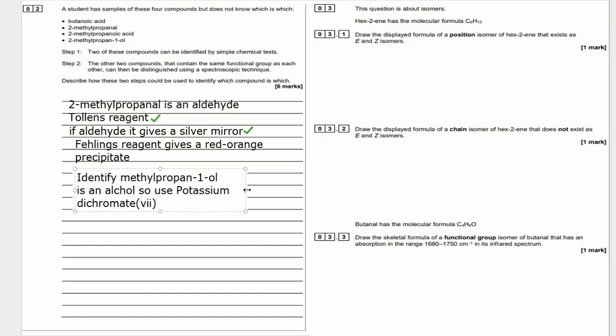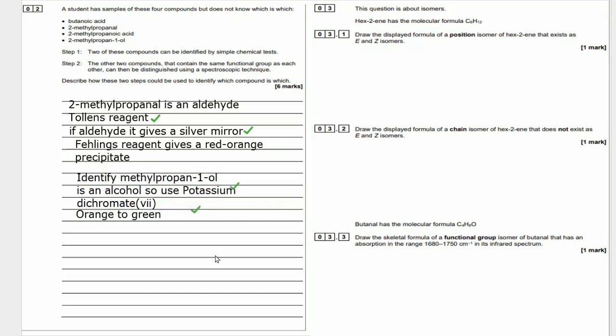Okay, so I can use potassium dichromate 7, and it's going to go orange to green. Okay, so that will go orange to green. So again, I'm going to pick these marks up. However, it's not the only thing that goes orange to green. Alcohol.